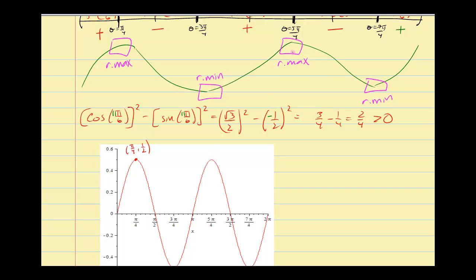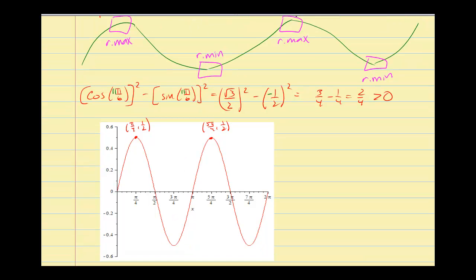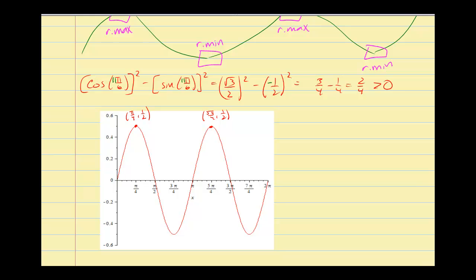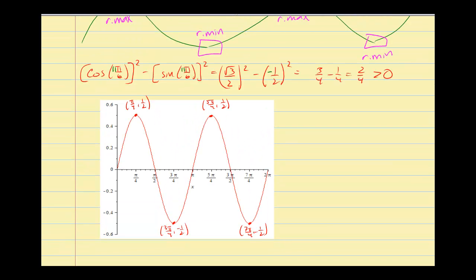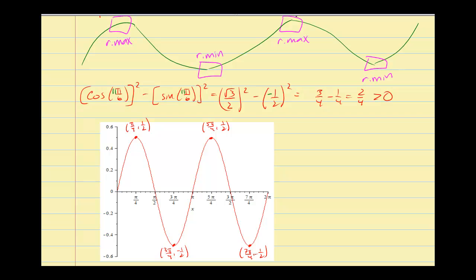I have another relative max here at 5 pi over 4, 1/2. And Journal says relative min at 3 pi over 4, negative 1/2. And over here at 7 pi over 4, negative 1/2. Okay, so everything we did in Journal seems to add up to everything that we did in Maple.